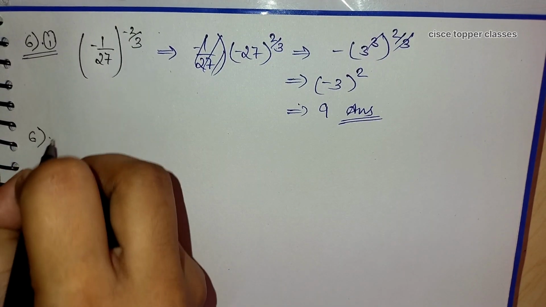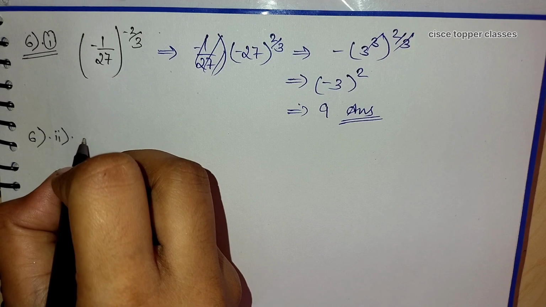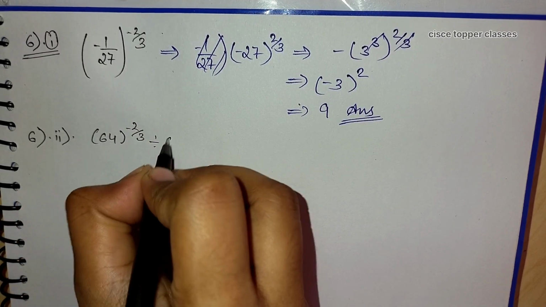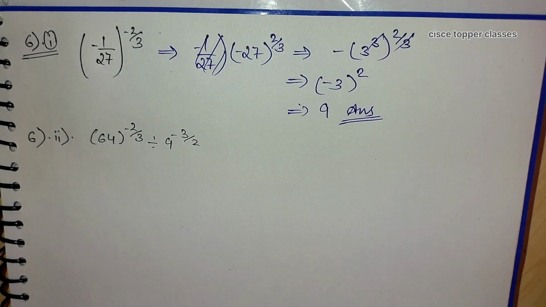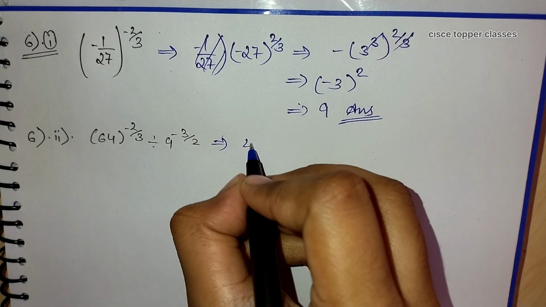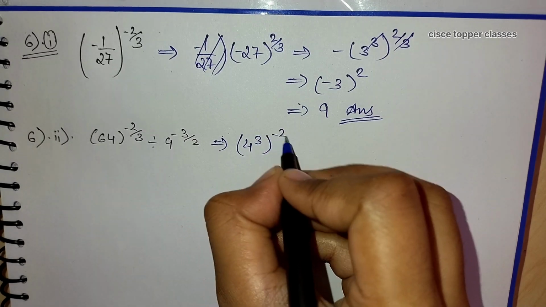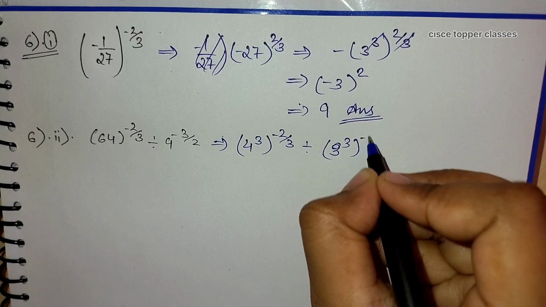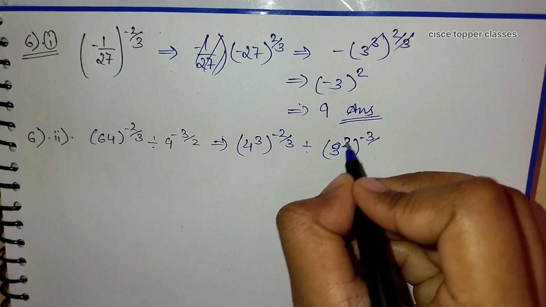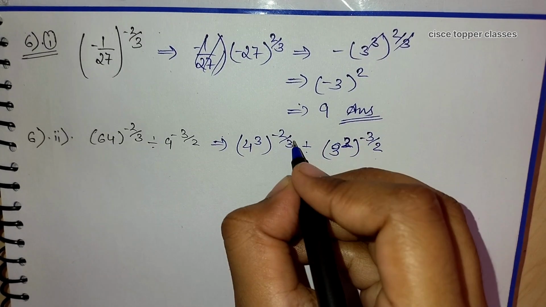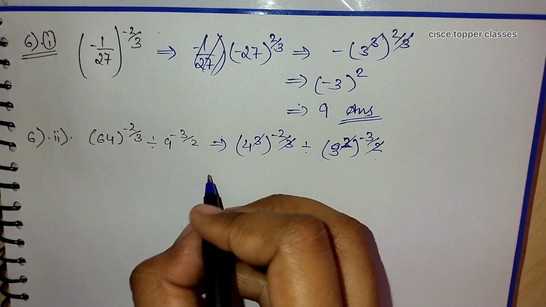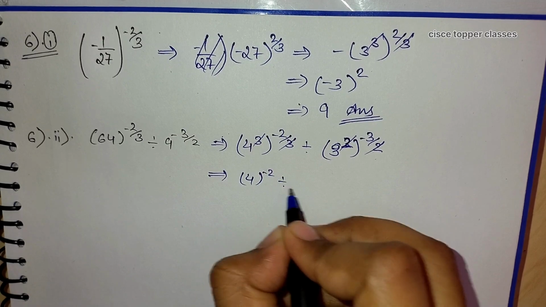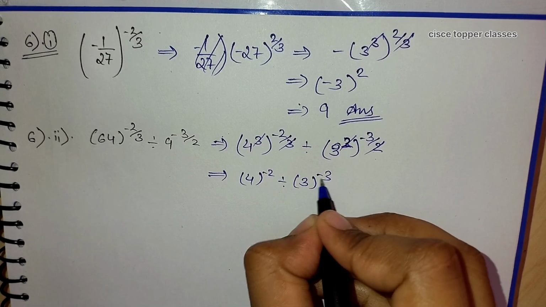Now let us solve the second part, which is 64 whole to the power minus 2 by 3 divided by 9 to the power minus 3 by 2. Simply again we can write it as 4 to the power cube whole to the power minus 2 by 3 divided by 3 to the power 2, and here minus 3 by 2. Here again the 3 and 3 will be cancelled out, and 2 and 2 will be cancelled out, and here we will get 4 to the power minus 2 divided by 3 to the power minus 3.